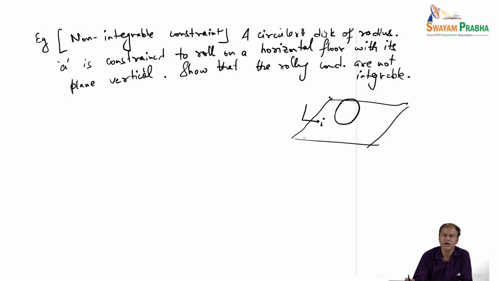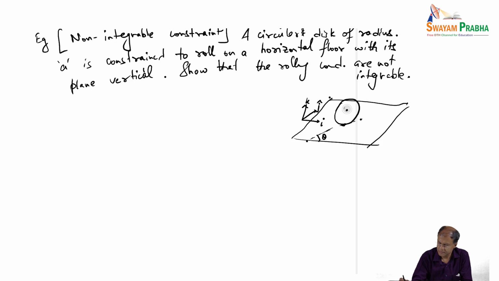Let's say the horizontal direction is I and the vertical direction is the Z direction K, and we have the third direction J, and let us say the contact point of the circular disk makes an angle theta, and theta is the angle with respect to the horizontal.